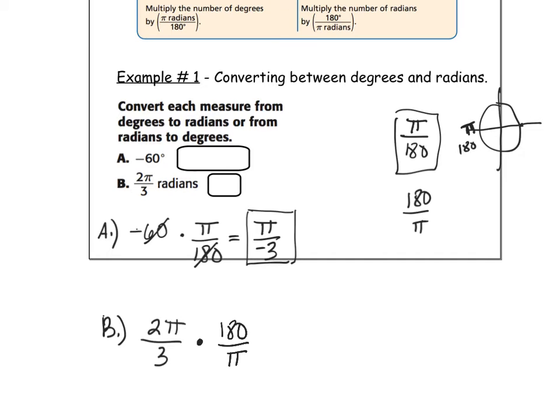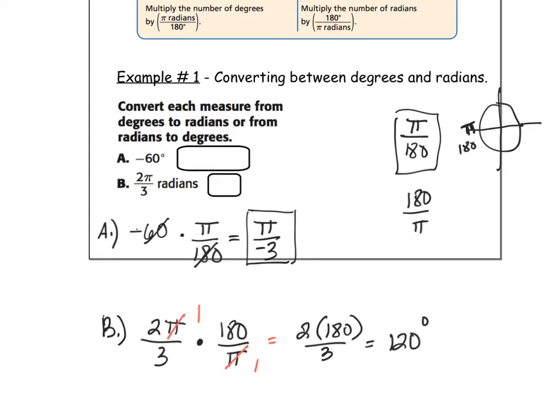And you see what happens to the pi's. They divide into each other, they become 1. And you're just left with 2 times 180 divided by 3. And that just ends up being 120 degrees. So pretty simple.